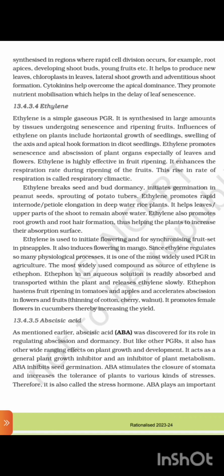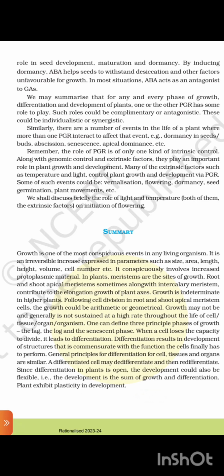ABA stimulates the closure of stomata and increases the tolerance of plants to various kinds of stress. Therefore, it is called the stress hormone. ABA plays an important role in seed development, maturation, and dormancy. By inducing dormancy, ABA helps seeds to withstand desiccation and other factors unfavorable for growth. In most situations, ABA acts as an antagonist to GAs.